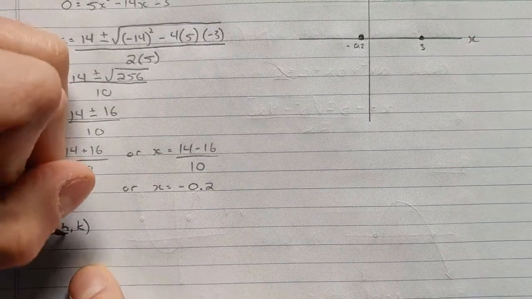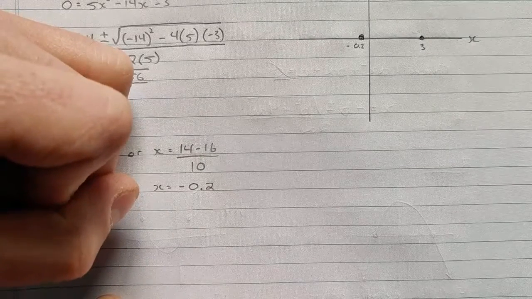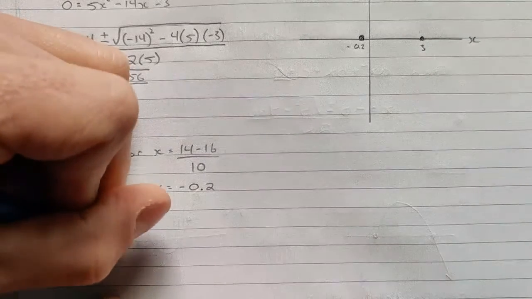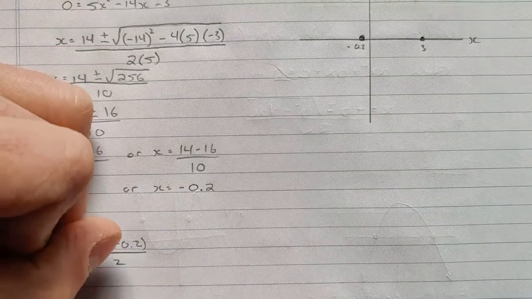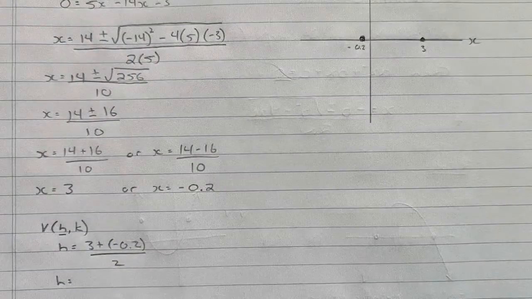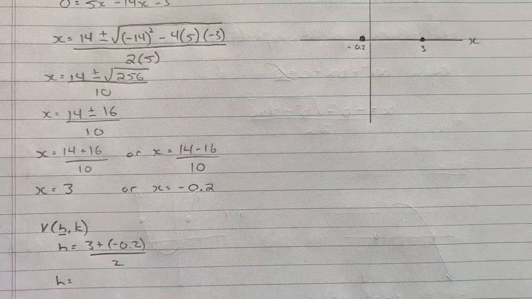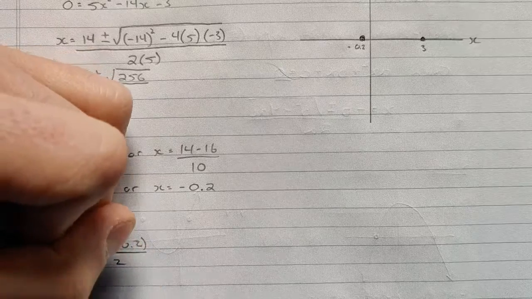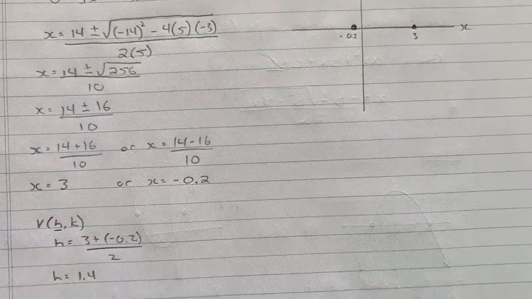So our h value is going to be 3 plus negative 0.2 divided by 2. 3 plus negative 0.2 gives us positive 2.8, divided by 2 gives me 1.4. So that's my h value.